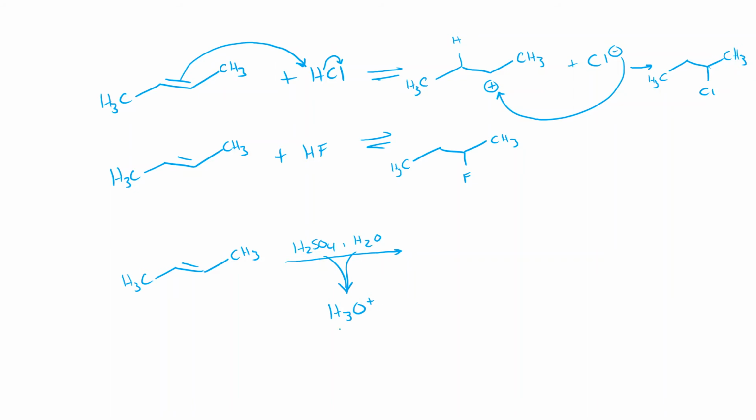And H3O plus we can consider as H plus and H2O, because if we react it with H plus, we're going to generate the conjugate base H2O. So really, when we see H2SO4 in a reaction, we can just cross it out and draw an H plus over it. Because H2SO4 really will react with water first.